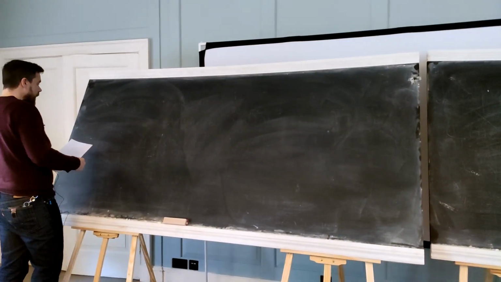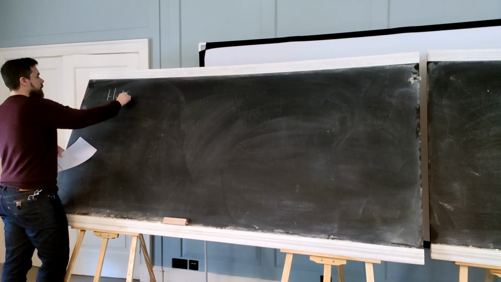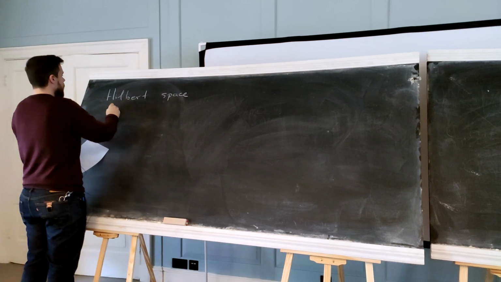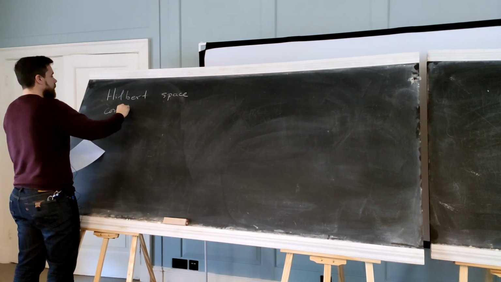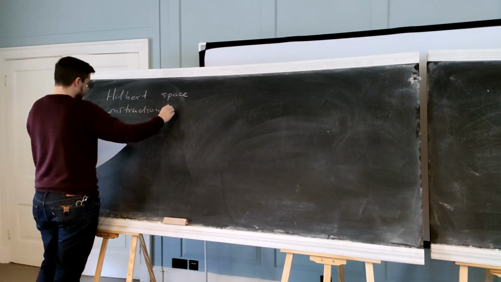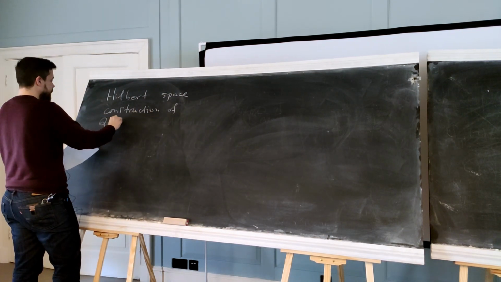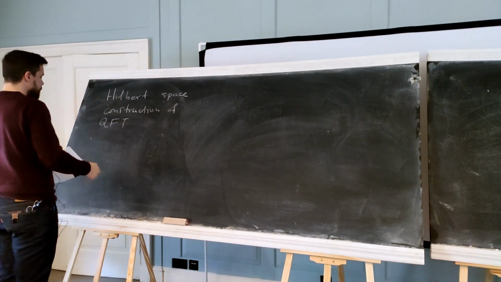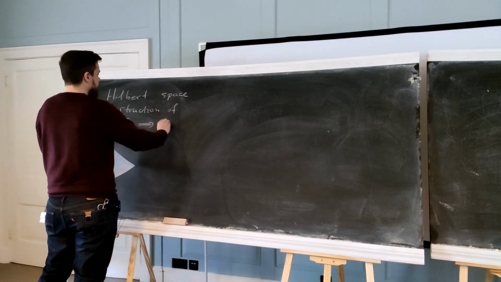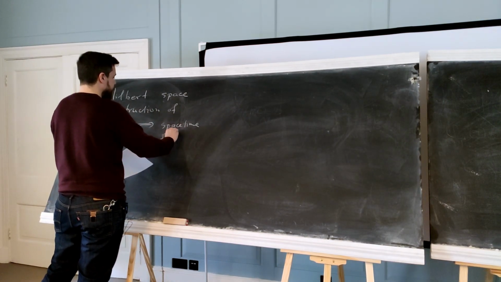So the Hilbert space construction of QFT basically amounts to choosing a space-time foliation.